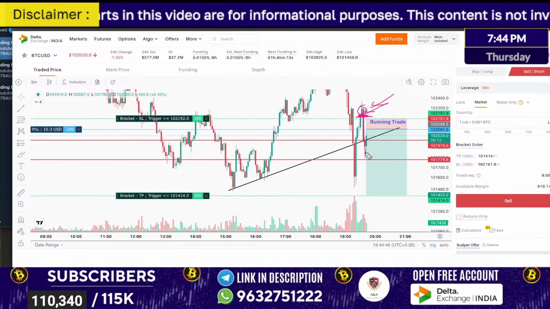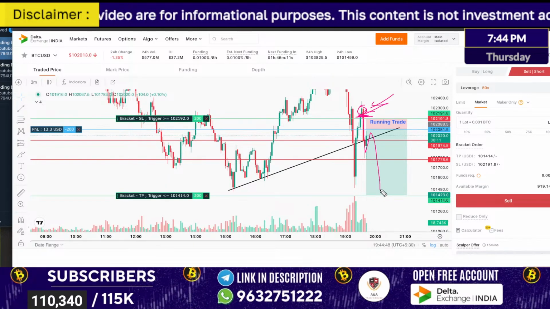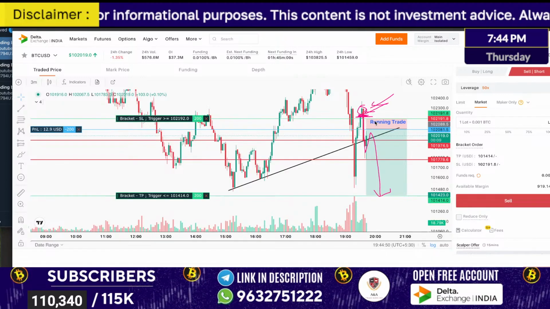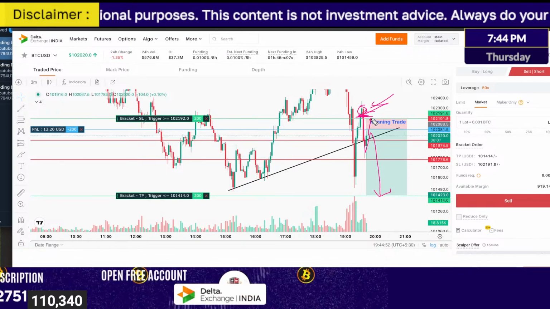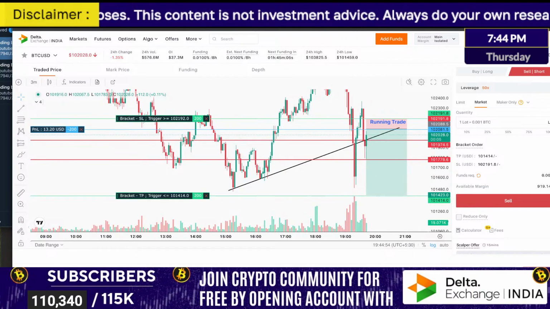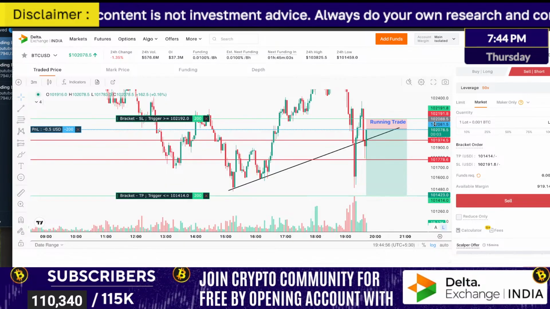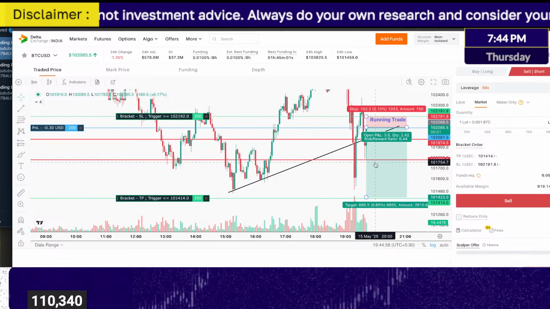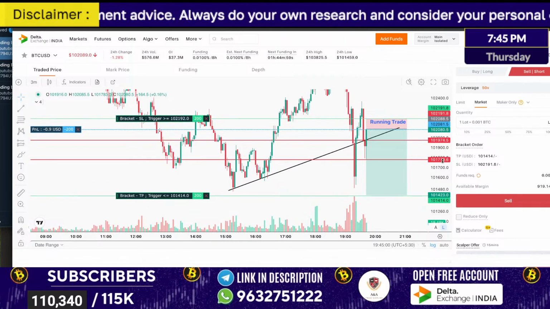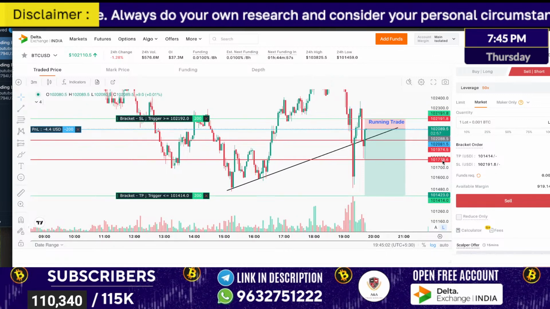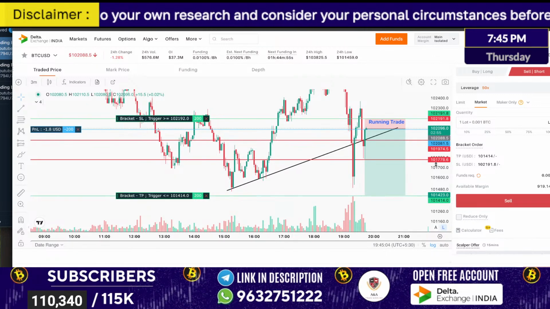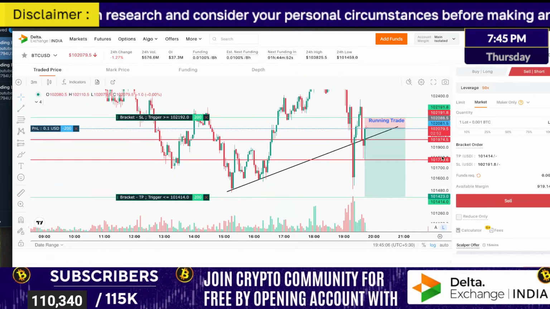In case this is just a pullback and market corrects, the target will be achieved, or the small $20 stop loss I've given, I'll take that stop loss and close. Cost to cost.